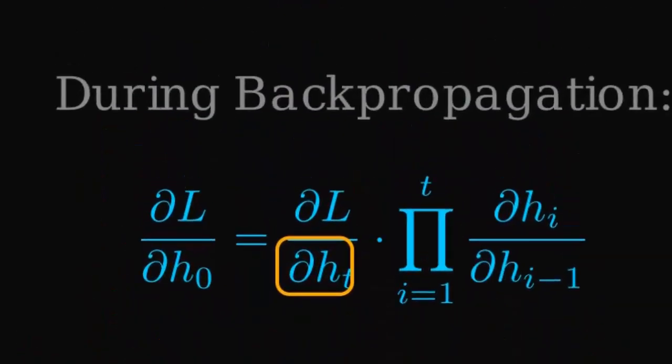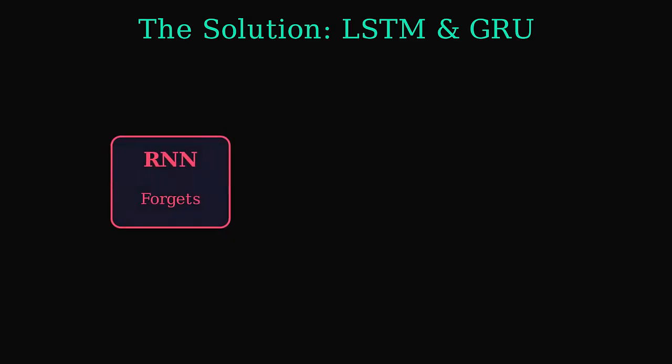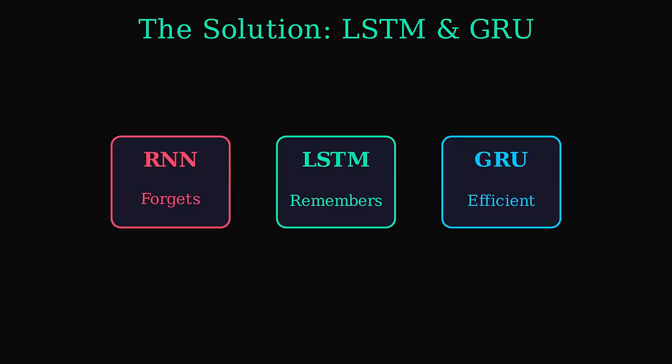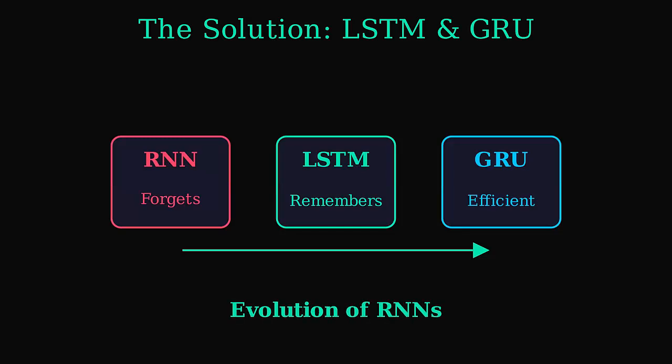This means the network can't learn from the early parts of the sequence. The solution to this foundational problem lies in evolving the simple recurrent neural network. This brings us to more sophisticated architectures called the LSTM, which stands for Long Short-Term Memory network, and the gated recurrent unit or GRU.